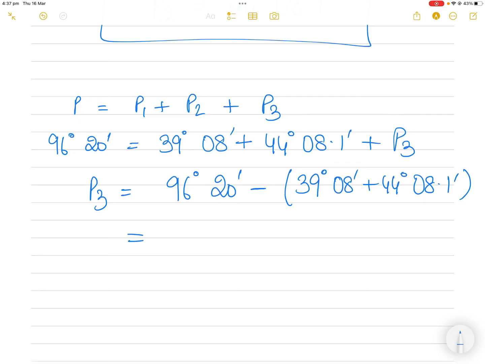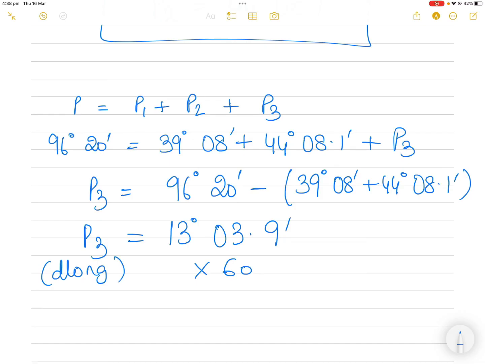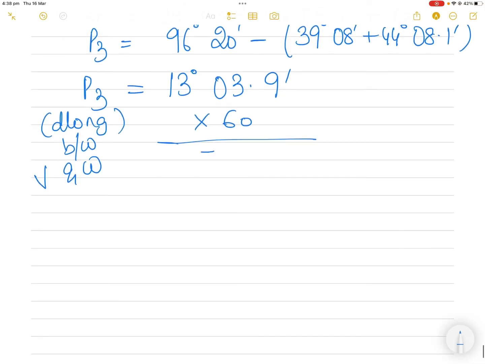So P3 becomes 13 degrees 3.9 minutes. Now this is D long in degrees and minutes. I will convert it into minutes. So 13 degrees 3.9 minutes multiplied by 60. This is also the D long between V and W. So when I multiply it by 60 to convert it into minutes, I get 783.9 minutes.